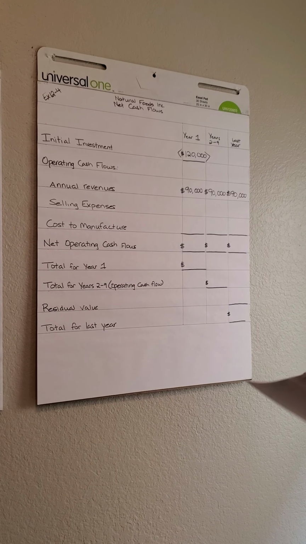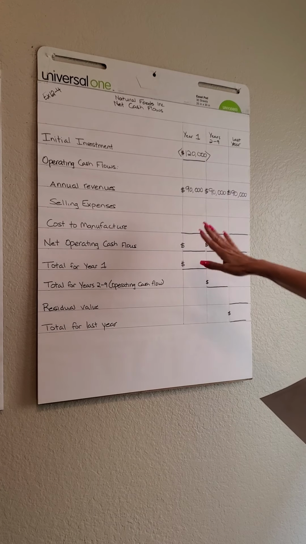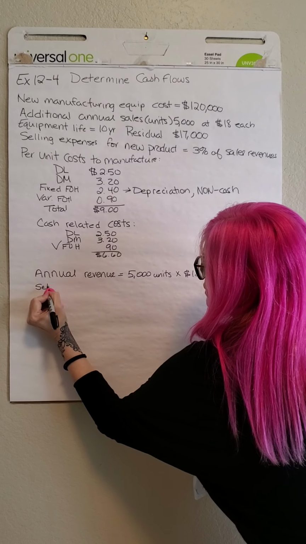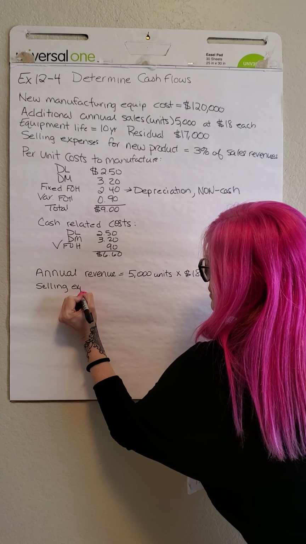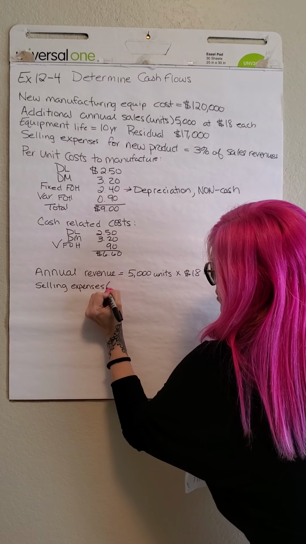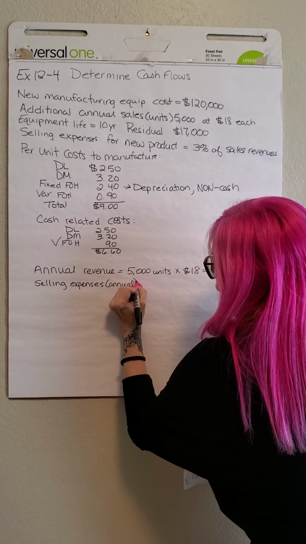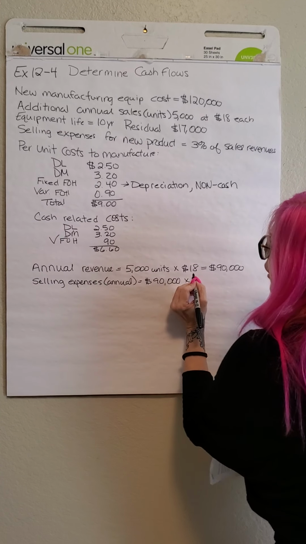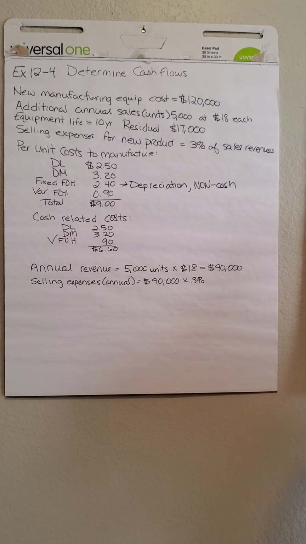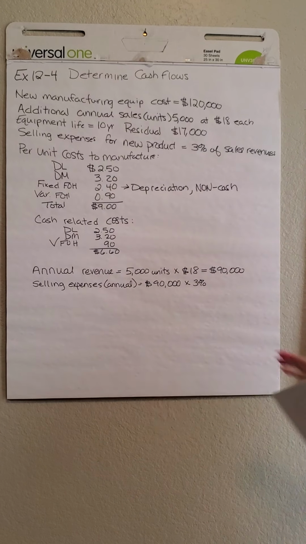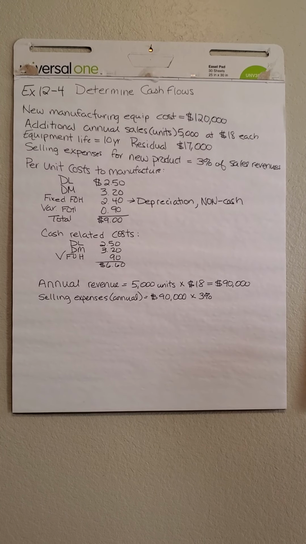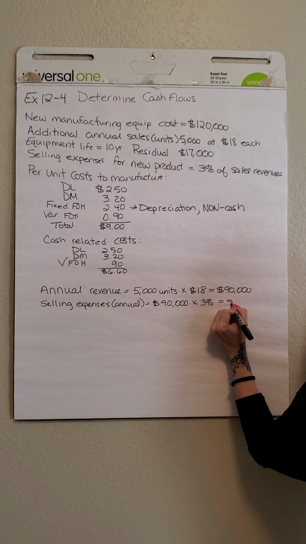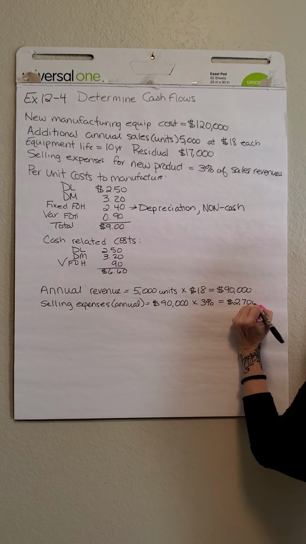So then we also want to look at the annual selling expenses. You can see that's the last line. So if we come over here, annual selling expenses are going to equal the annual revenue times 3%, because remember the problem tells us that the selling expenses for the new product are 3% of sales revenue, and so that's going to come to $2,700.